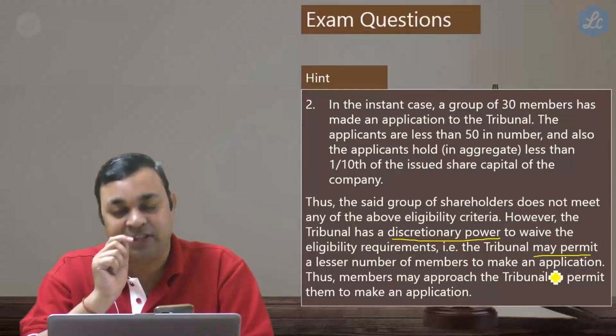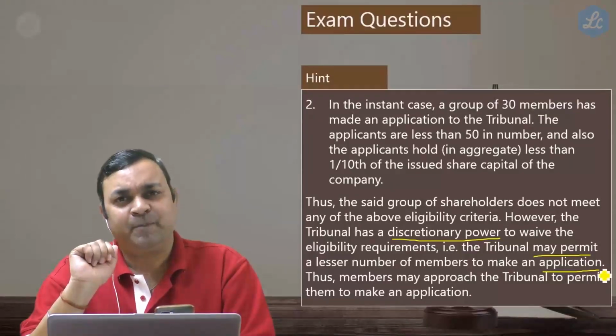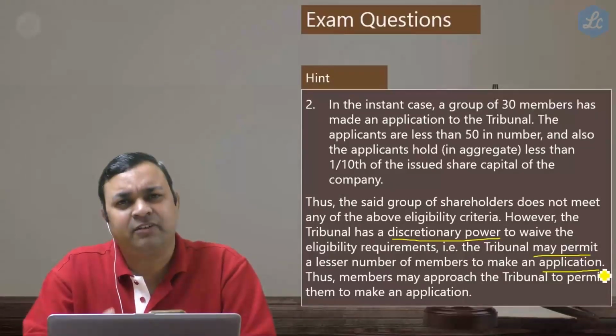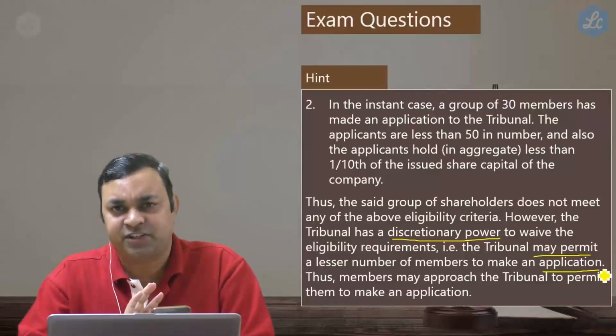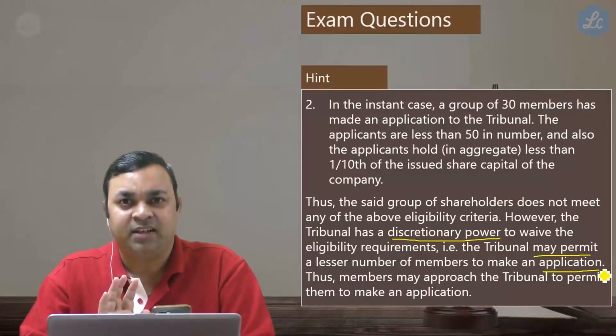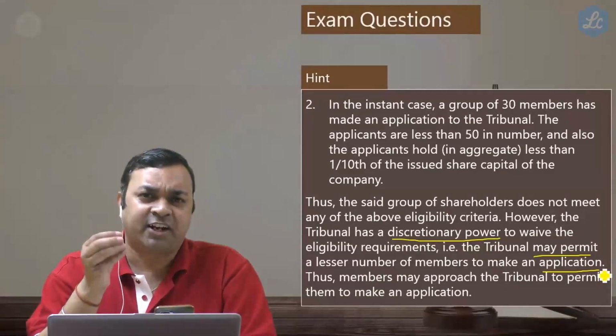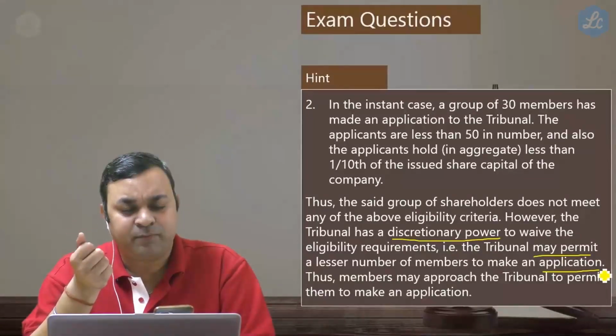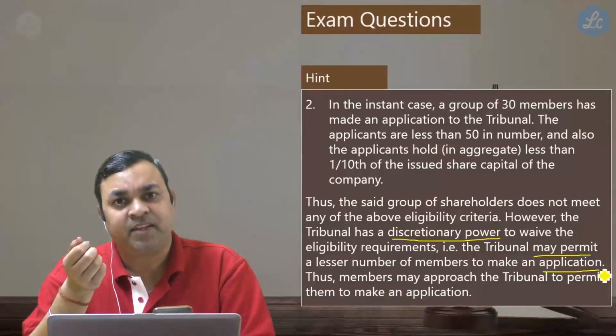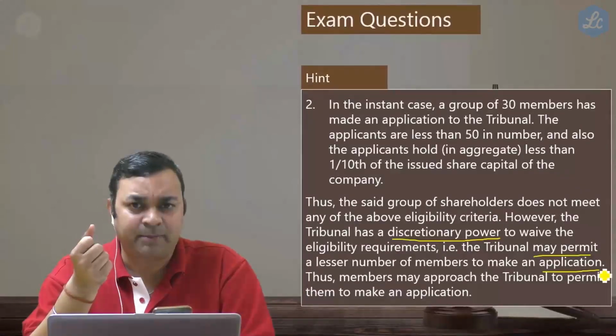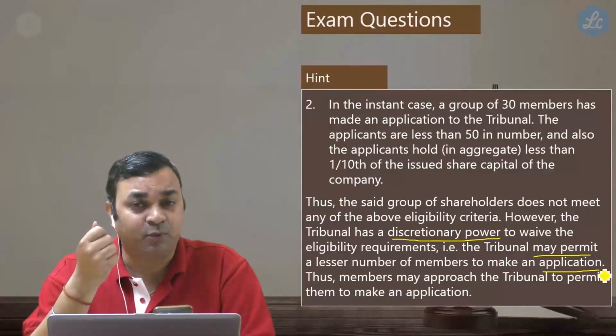Now remember one thing, in question number 1, for the Amrapali group, we will decide as per section 244. So under 244, we need to check the requirement of the minimum number of members, or that they are holding the minimum issued share capital. In that case, we need to check both conditions.